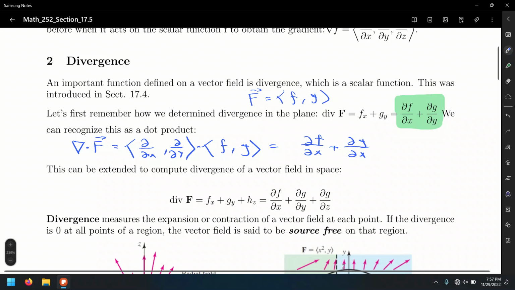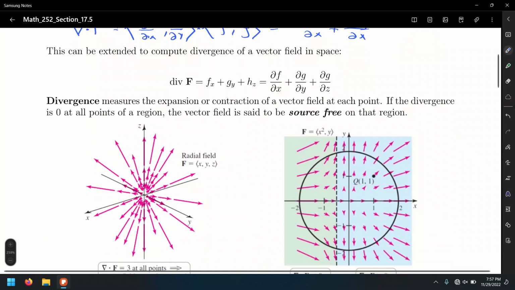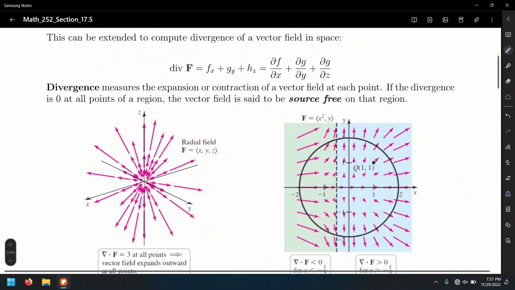And the divergence, what is this anyway? It measures the expansion or the contraction of a vector field at a given point. And in the situation in which the divergence is 0, the vector field is source free. So it's neither a sink nor a source. All right, so it's just source free.